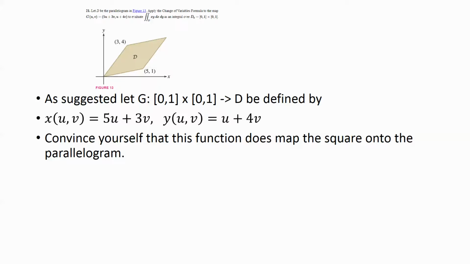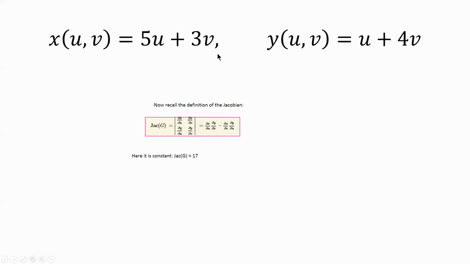And then the change of variables formula lets us change integration over the parallelogram into one over the square. And what function are we trying to integrate over the parallelogram? The function xy. So this is what we're evaluating, the function xy over this parallelogram D. First we have to find the Jacobian.